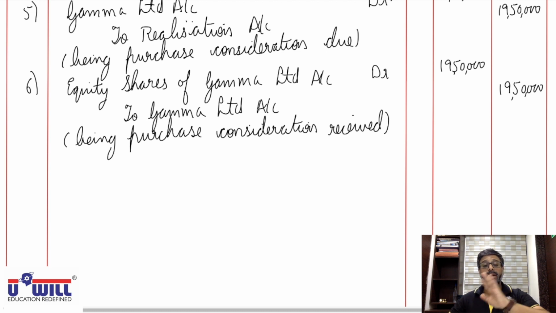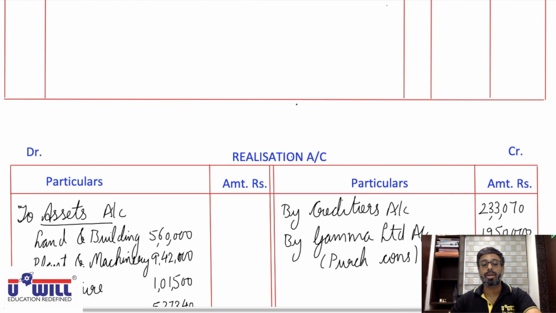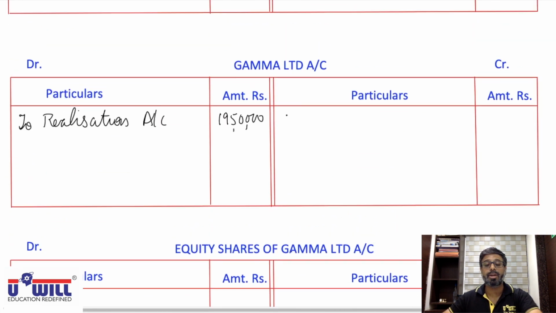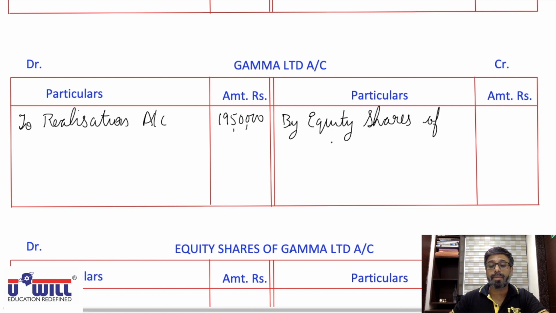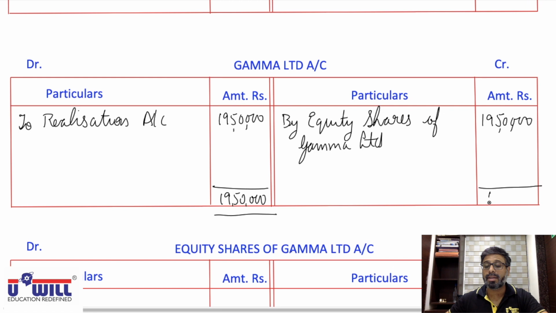Now every entry onwards will have two effects. Equity shares of Gamma Limited account debit to Gamma Limited. To Gamma Limited means write in Gamma Limited on the credit side: how is this purchase consideration discharged? By equity shares of Gamma Limited account 19,50,000. This account gets closed. Gamma Limited account immediately gets closed with this entry.